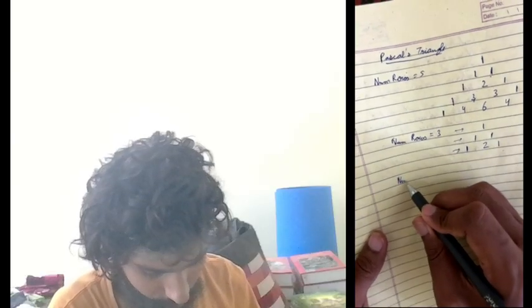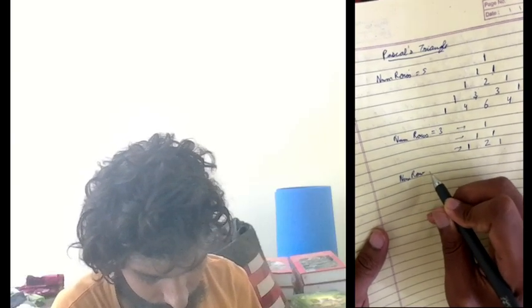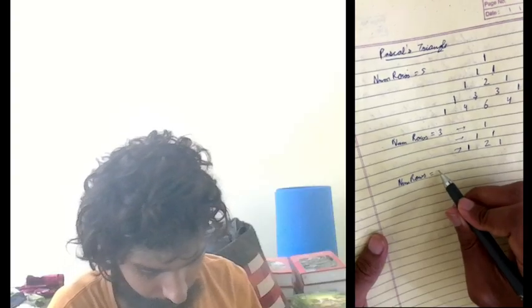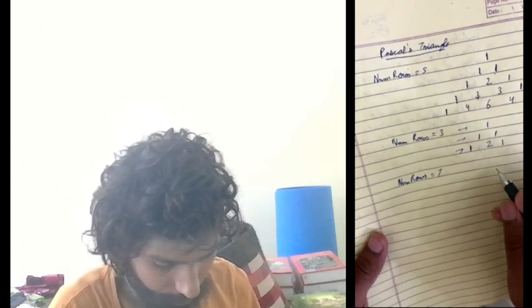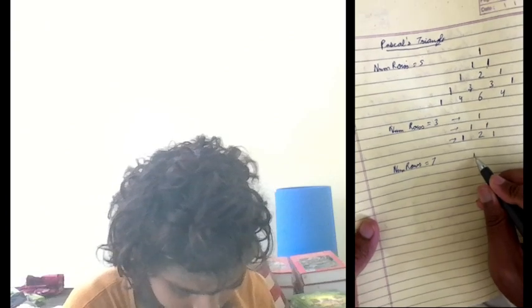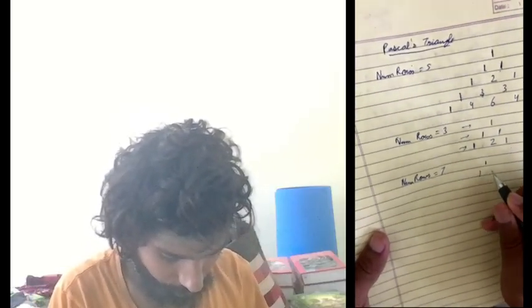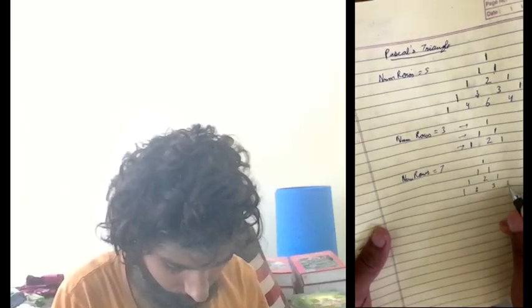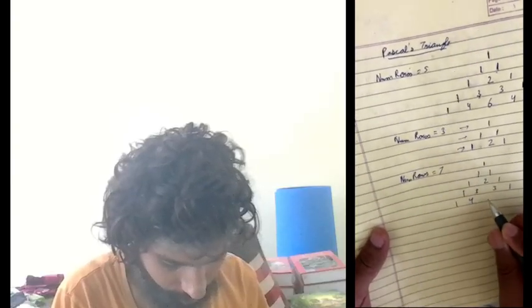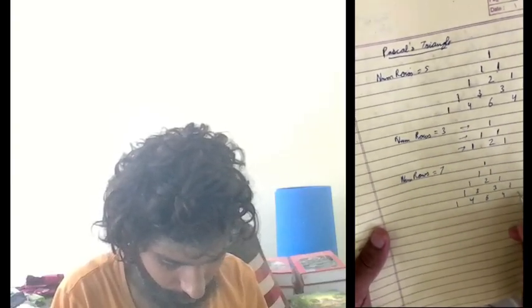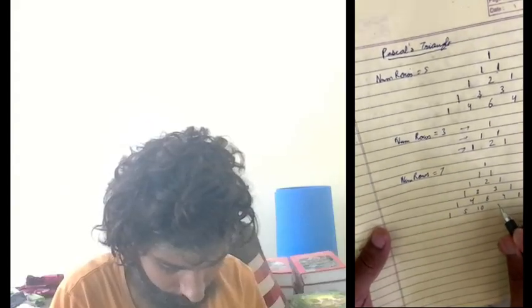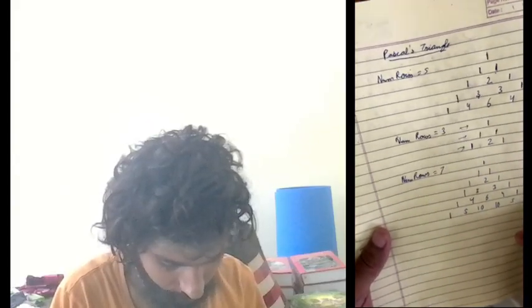And if our numRows is equal to, let's say, 7, then our triangle will be like this: 1, then 1 1, then 1 2 1, then 1 3 3 1, then 1 4 6 4 1, then 1 5 10 10 5 1.